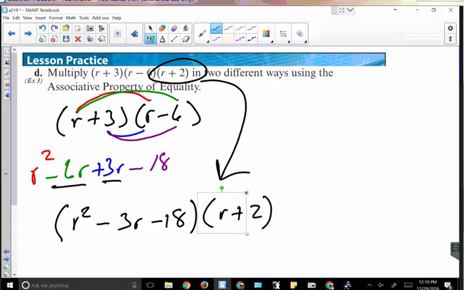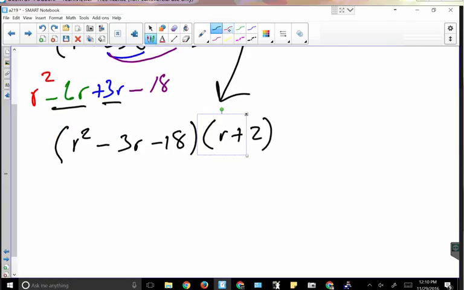And I'm going to do exactly the same thing all over again. So I can take r squared, multiply it by r. It doesn't matter how you do this as long as you multiply everything in one parenthesis by everything in the other parenthesis. So here I can do that and I end up with r cubed.